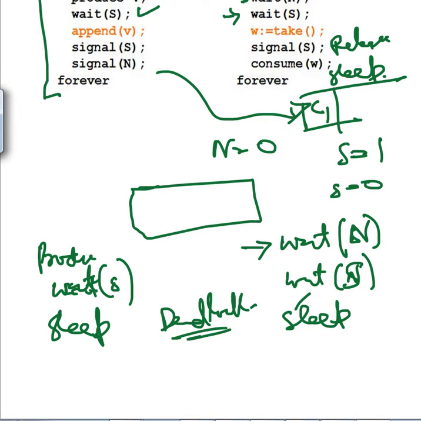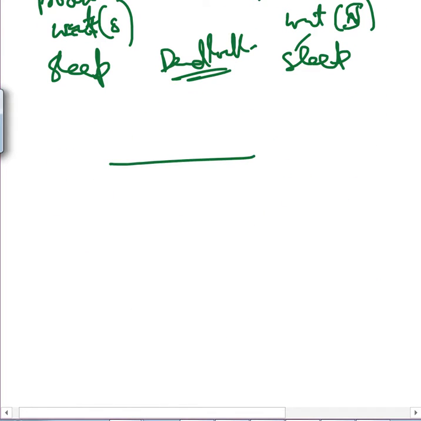Now, if we say this is a bounded buffer, then the producer also has to take care whether the buffer is full or not. So we have one more situation here: we're removing the assumption that the producer can come anytime and produce.